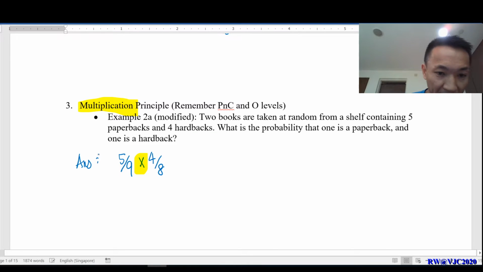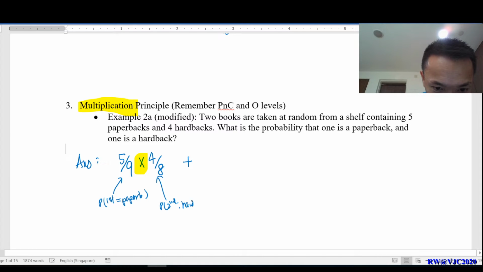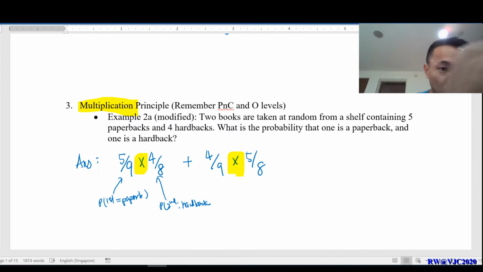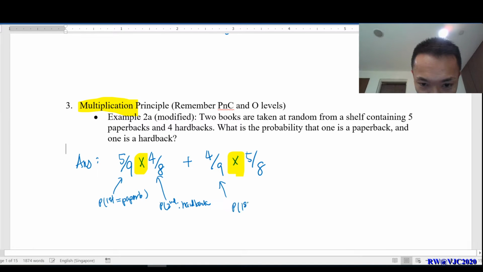Now that's not all. You must consider this is the probability that the first is a paperback. This is the probability that the second is a hardback. It could be first one hardback, second one paperback. I'm again using the multiplication principle, because this is the probability the first is a hardback, and this is the probability that the second is a paperback.